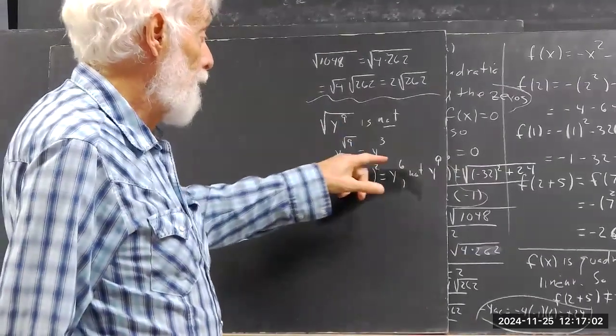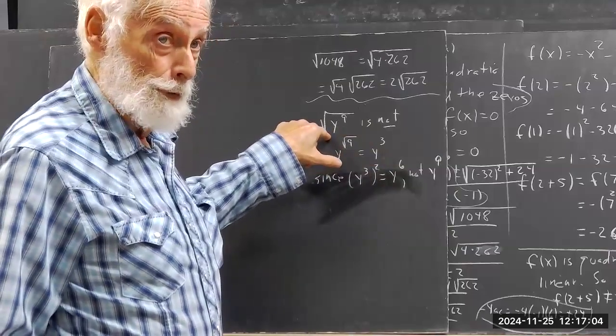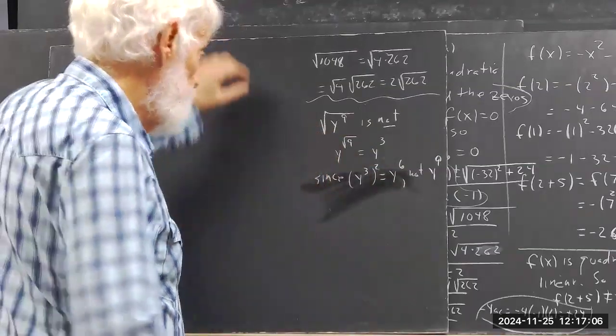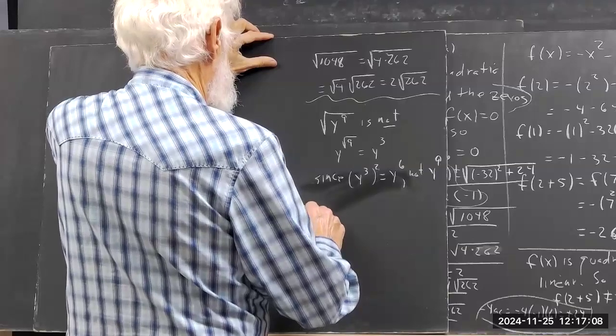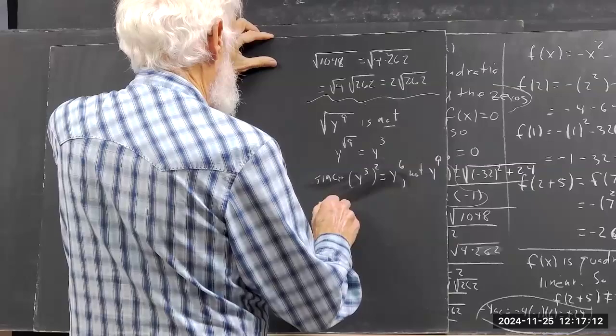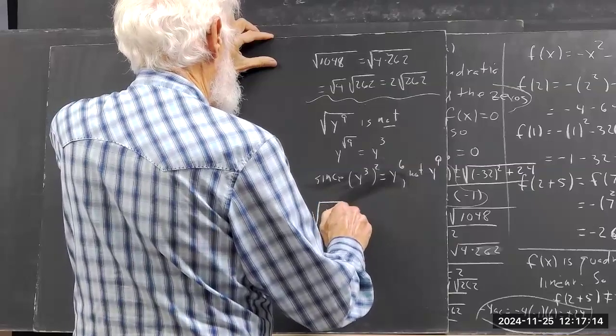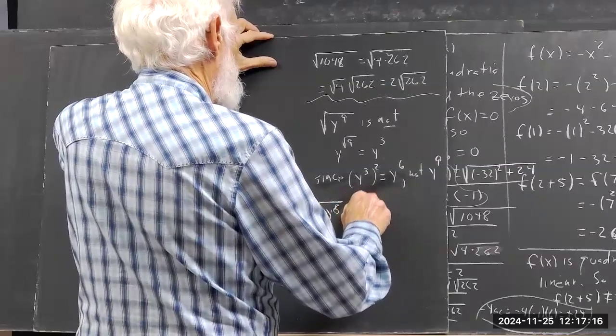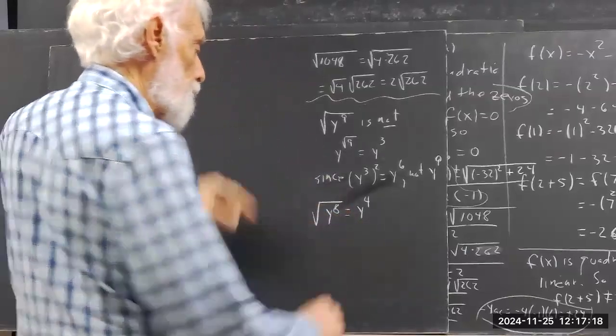Whatever the square root is, I've got to be able to square it and get what I started with, right? Now, let's just do the square root of y to the 8th. I'm claiming that it equals y to the 4th.